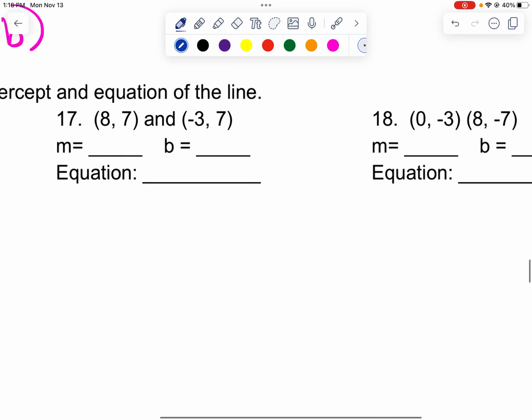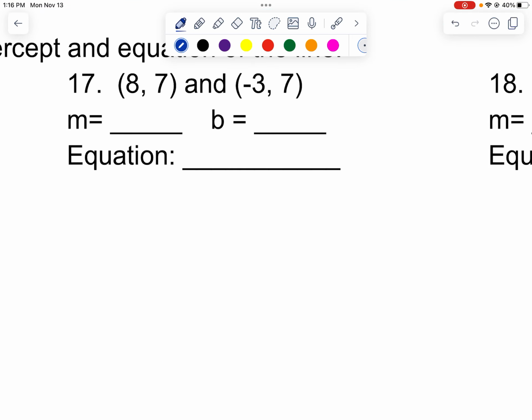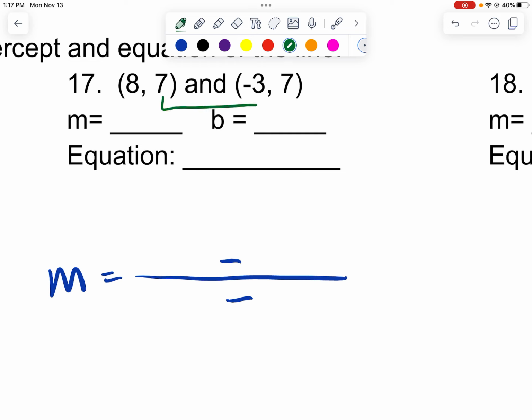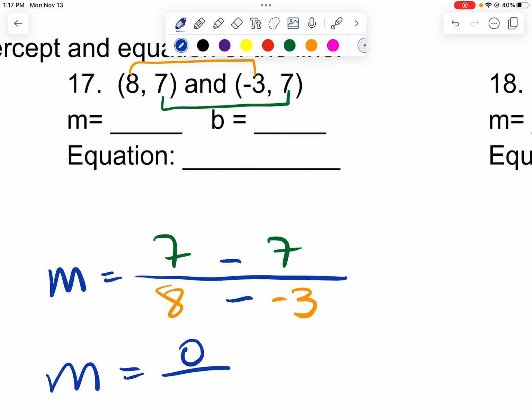Then over here, I find my slope. I subtract my y values, 7 minus 7. Subtract my x values, 8 minus negative 3. So that's going to get me 0 on top.